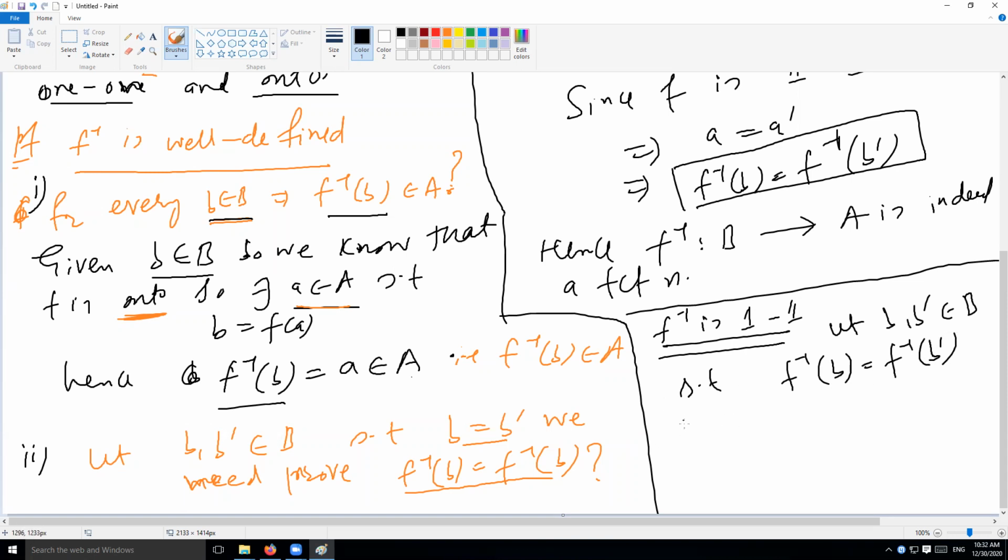And what should we show in order to prove F inverse is 1, 1? That B is equal to B prime. Exactly. We need to prove that the inputs are equal. B is equal to B prime. So that will prove that F inverse is 1, 1. So how can I prove it? Again, the same trick would work.